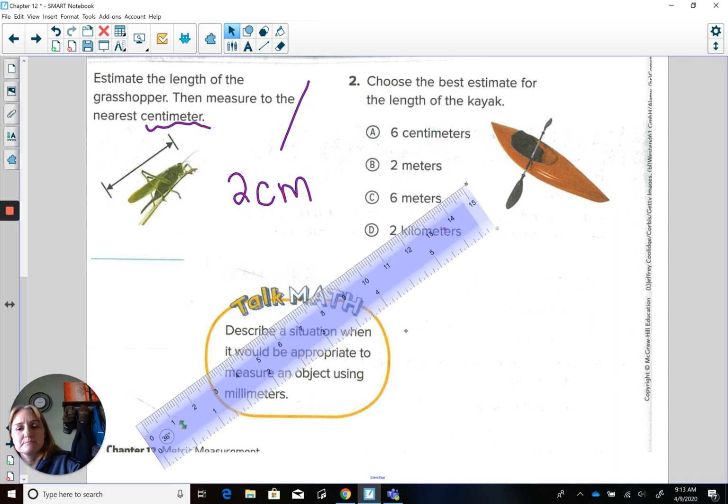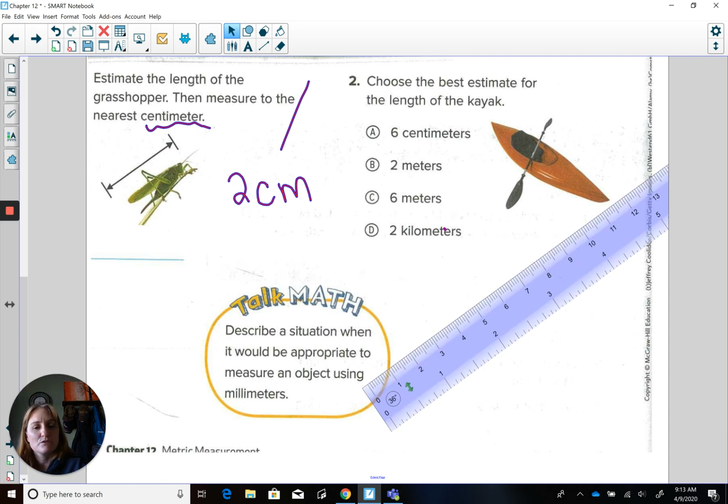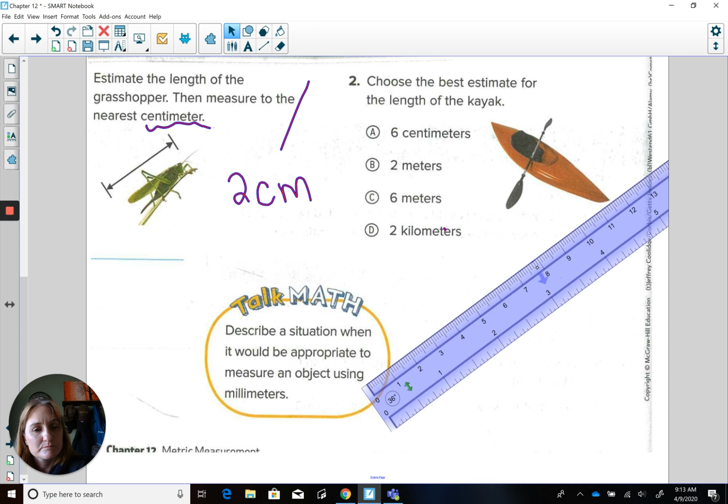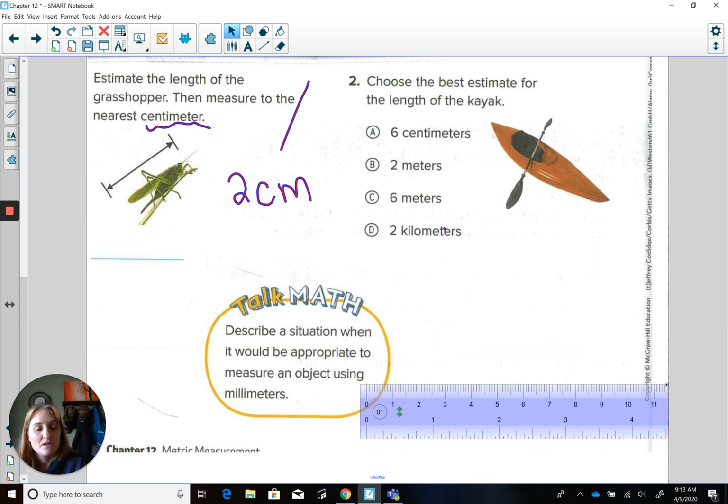Let me show you so you get a little better view. The bottom side of my ruler goes in. Out of your knuckle to the other knuckle. Scissors are much smaller, so you're going to see more.